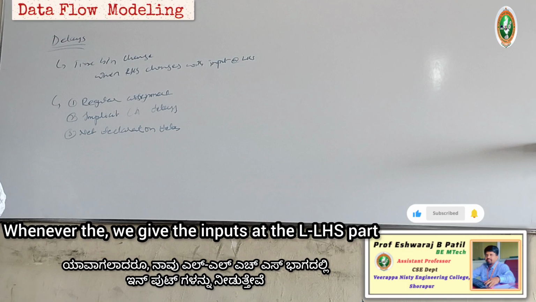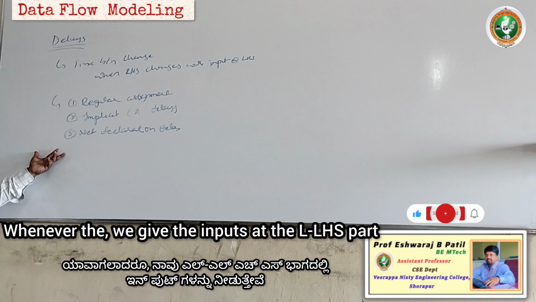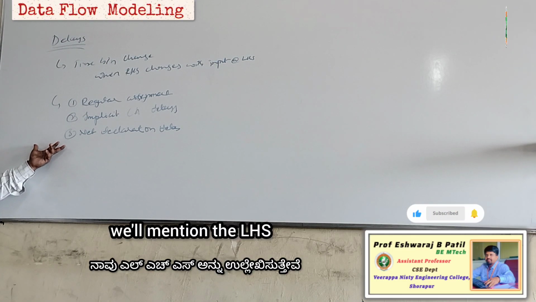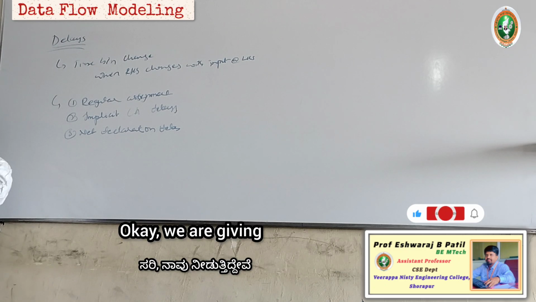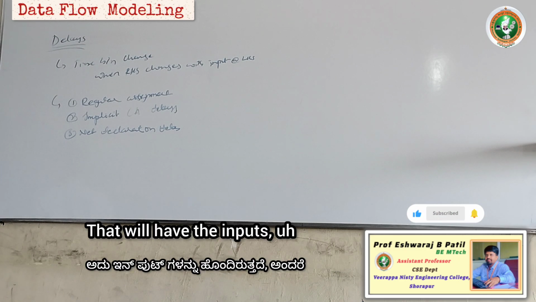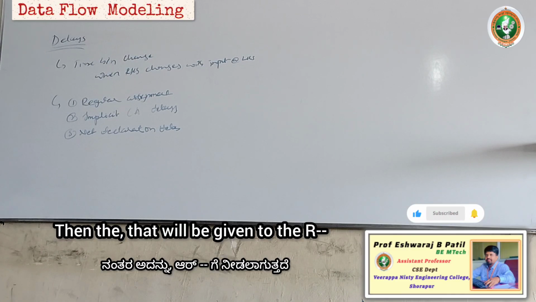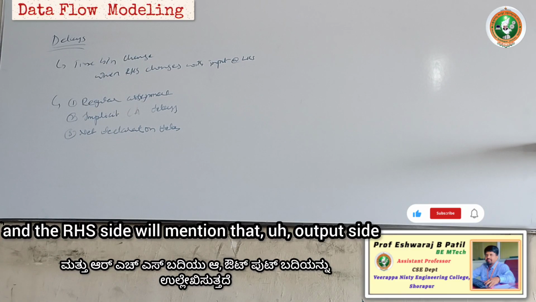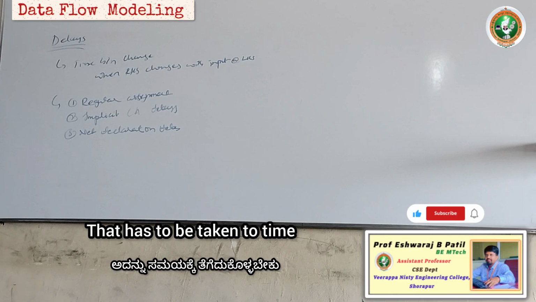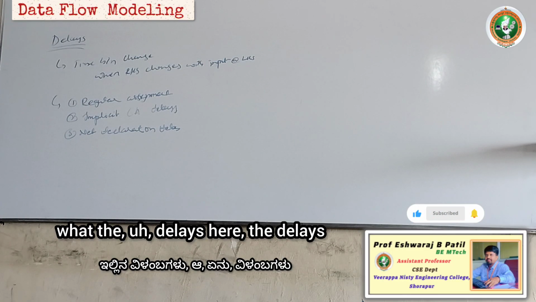Whenever we give the inputs, at the LHS part we mention the input that has to be changed with some operations. Then it is given to the RHS side, where we mention the output side. That has to take time. That time we call the delay.